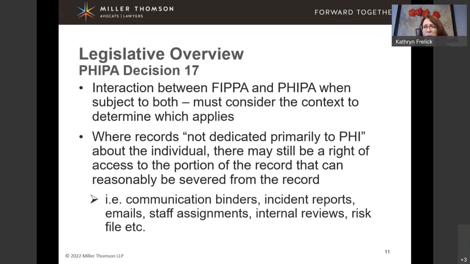And there was one of the earlier PHIPA decisions, which has been cited in a number of other decisions, looked at the interaction between FIPPA and PHIPA when an organization may be subject to both.